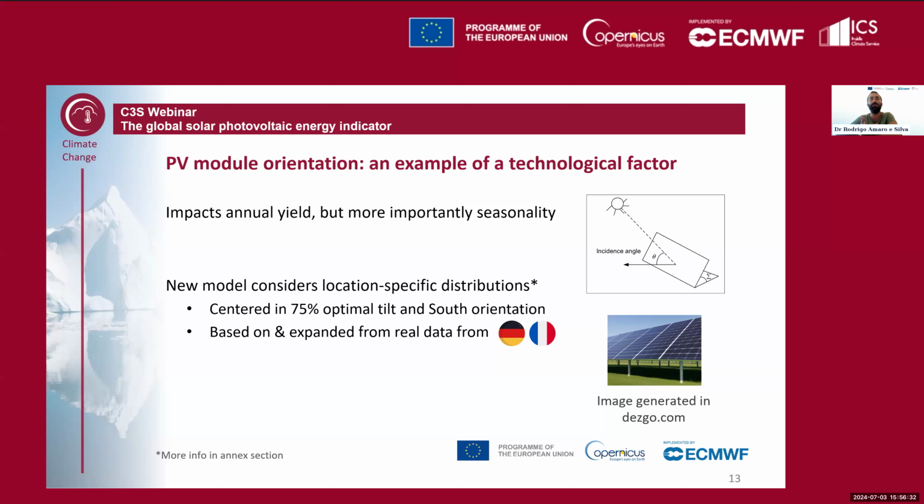For example, if we have something more horizontal, it should produce more in summer and less in winter. But if we make something more tilted, for example, towards the south, we should still have this same difference between winter and summer, but with much less magnitude.